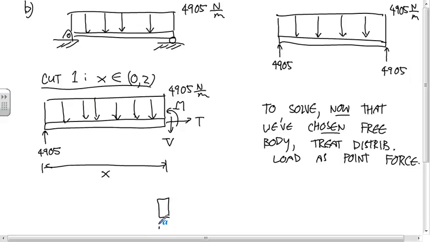Say this distance was 0.1, and your distributed load here was 4905 newtons per meter. Then the total area of that shape is 490.5. It's a small total force. If this was bigger, like 1.5 meters, the total force would be bigger. And so how big it is depends on what x is, and it's going to have to appear as a function of x.